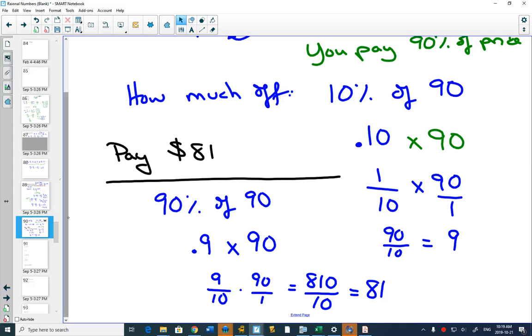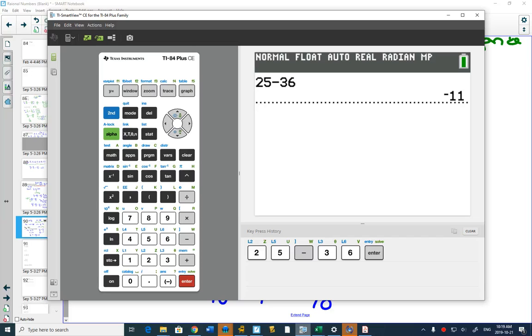So to help you, if you have a calculator on your phone, you're going to a store, you see a new pair of shoes for $127, but they're 35% off. If they're 35% off, how much of the price are you paying?